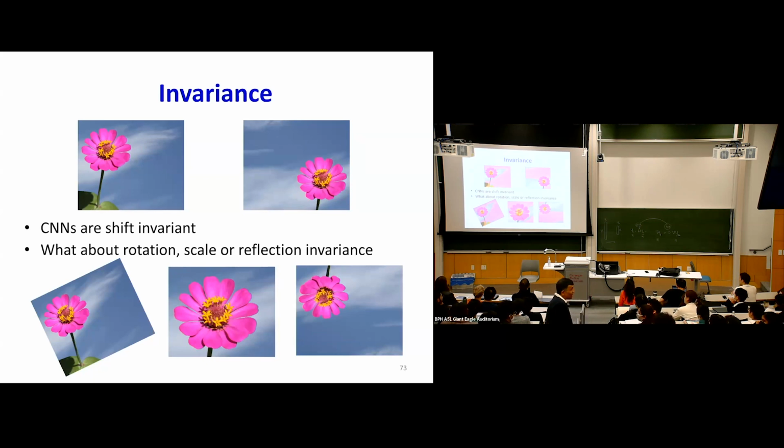I can flip the filters, right? So I would look for the filter pattern at each location, but I'm also going to look for the flipped pattern. If I want scaling invariance, I'd scale my filter and look at each location.